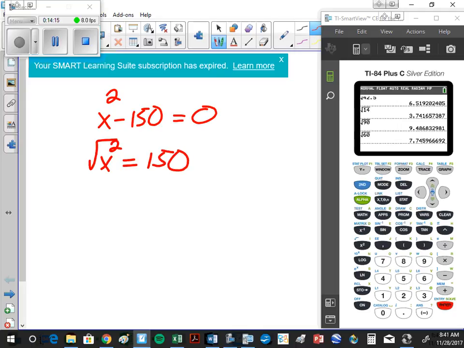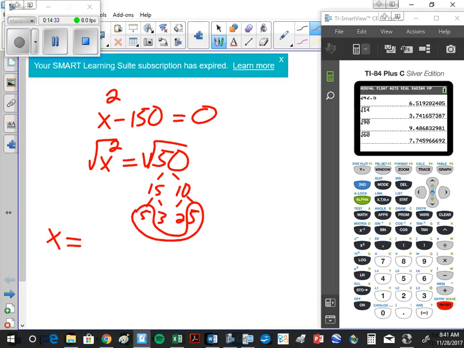Now I take the square root, and 150 breaks down into 15 and 10, 5 and 3, 2 and 5. Can I bring anything out? Bring out a set of 5s. So x is equal to 5 times the square root of 6.